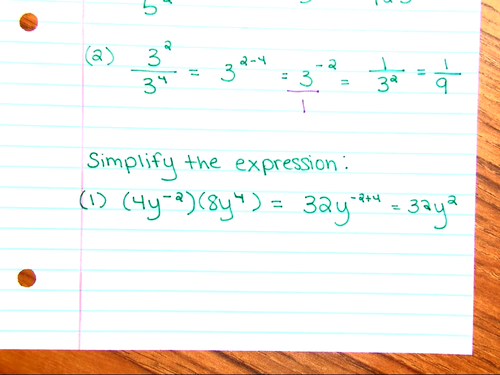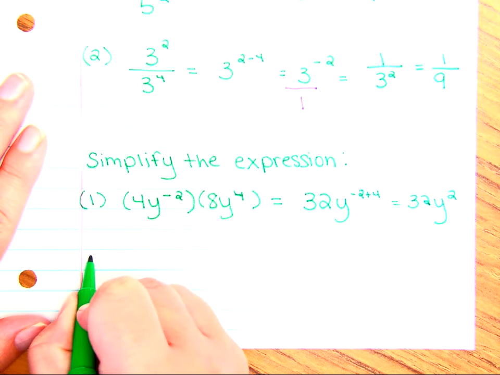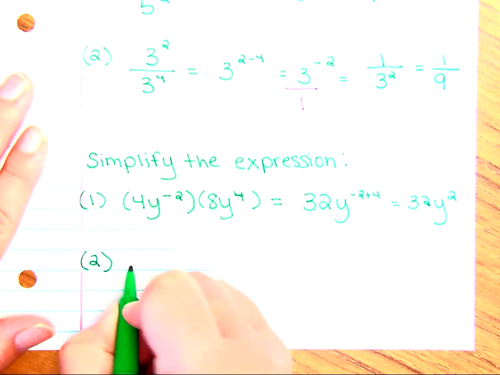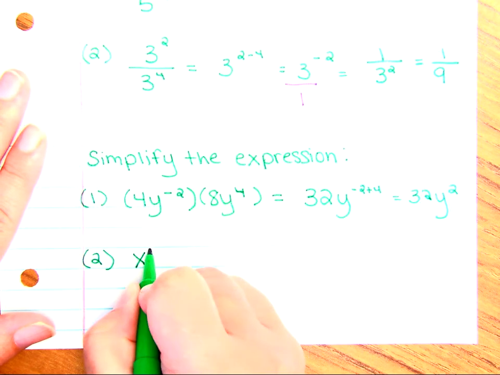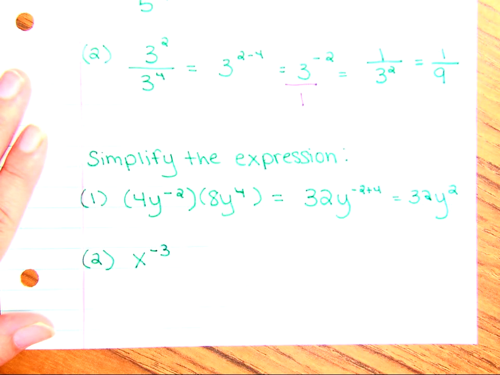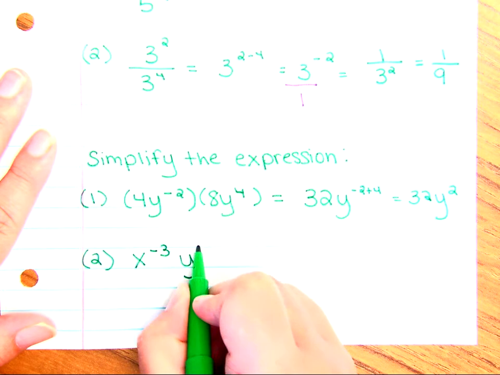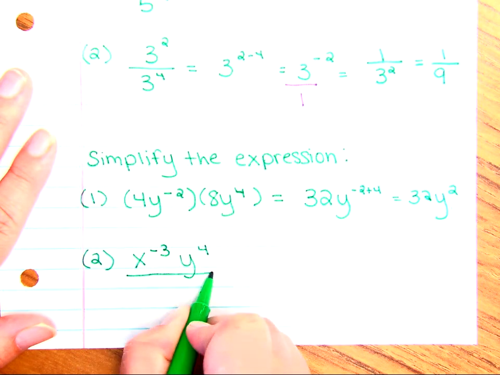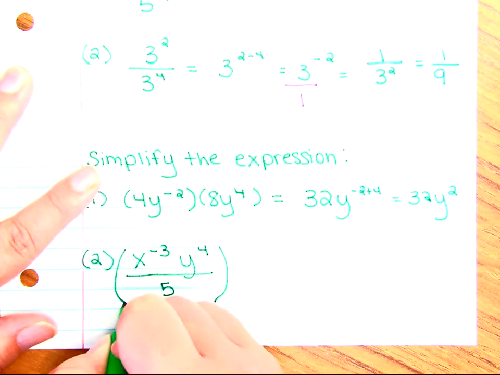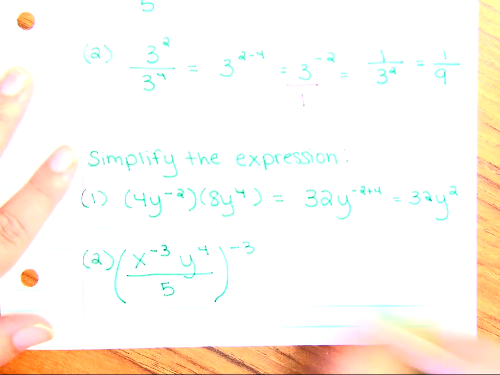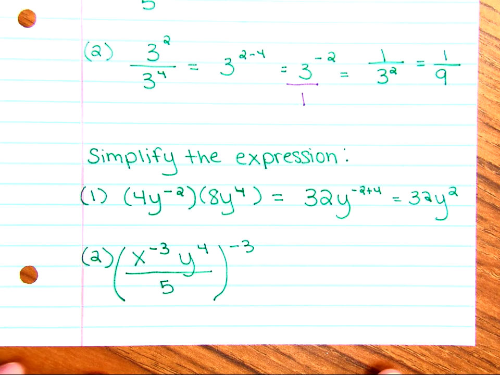Now remember, it is possible for you to have things that don't have the same power. So last example in this video, we've got 8x to the negative 3, y to the 4th being divided by 5, all that to the negative 3. Okay.